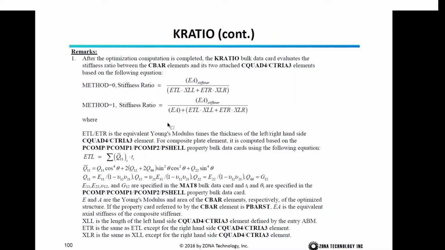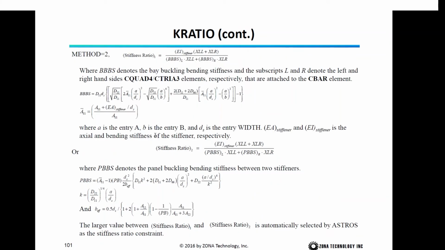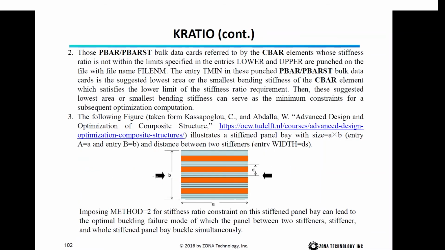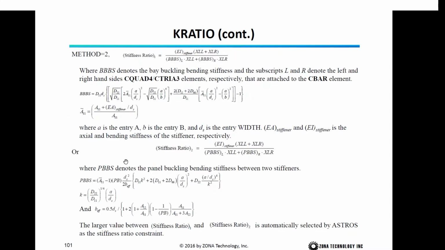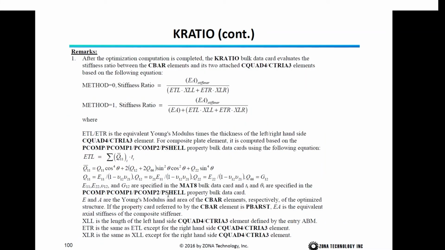Okay, so this defines the stiffness ratio between the stiffener and the attached plate elements. If method is 2, we use this equation, or method 3, we use this equation. Okay.